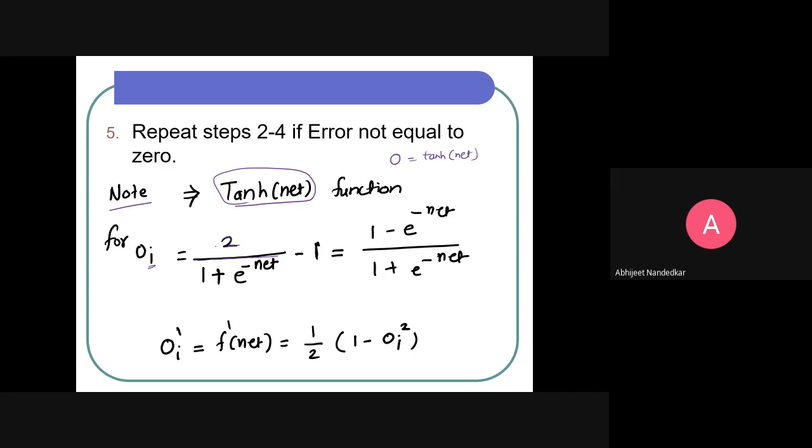So that we have seen when we saw activation functions. So our logistic function is like this. It is in the range 0 to 1, some S-shaped function.